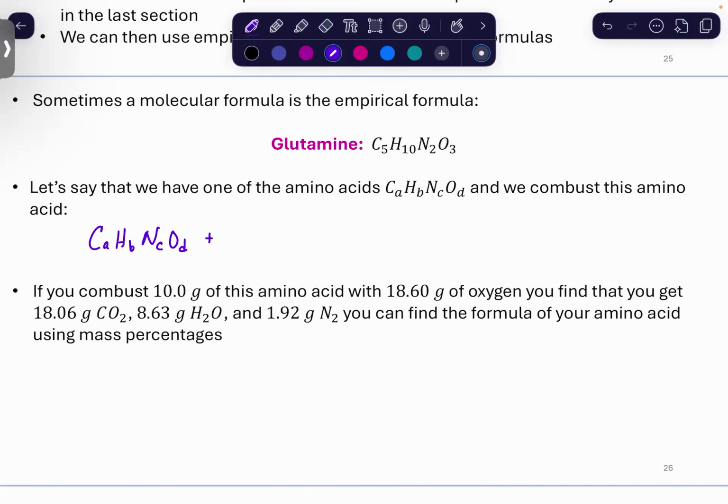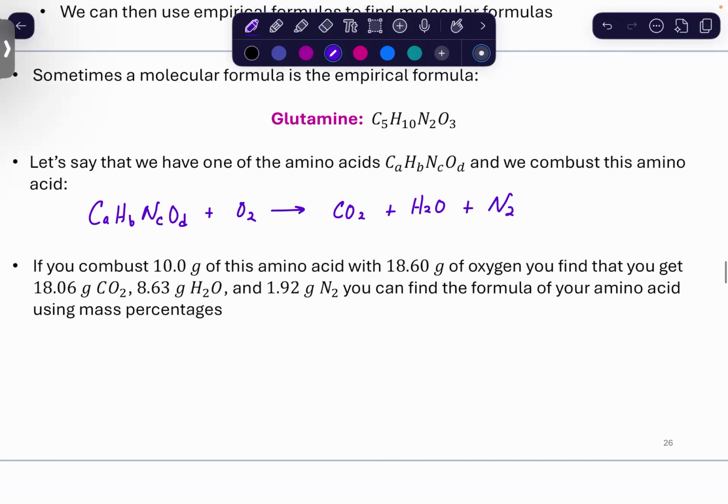In a combustion, we have to combine with oxygen gas. For the hydrogen, carbon, and oxygen portions of this molecule, remember your hydrocarbons, you're always going to get CO2 and water. In this case, we went with a combustion that also is going to yield nitrogen gas to take care of the nitrogen portion of the amino acid.